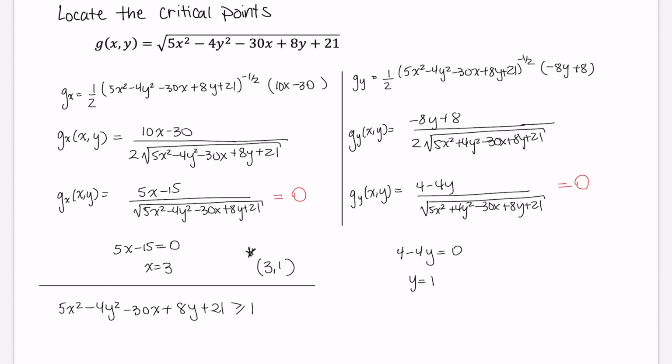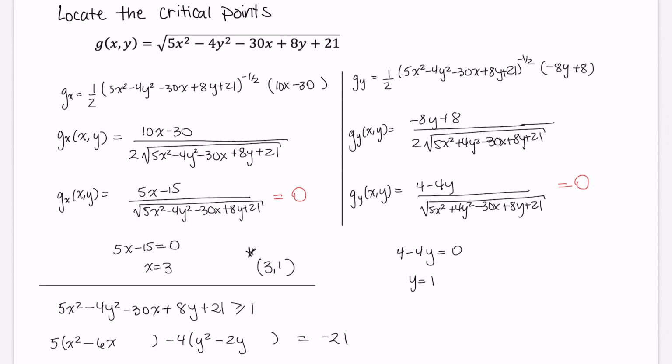So I'm going to rewrite this as 5 times x squared minus 6x, and I'll leave a space there, minus 4 times y squared minus 2y, and again I'll leave another space, equal to, let's just focus on completing the square, negative 21.